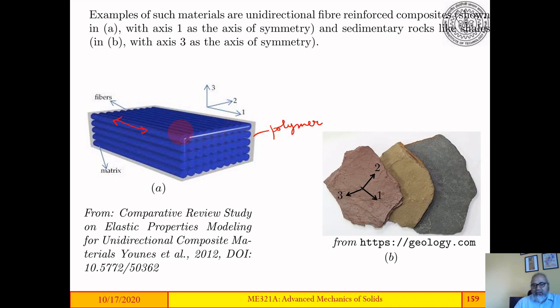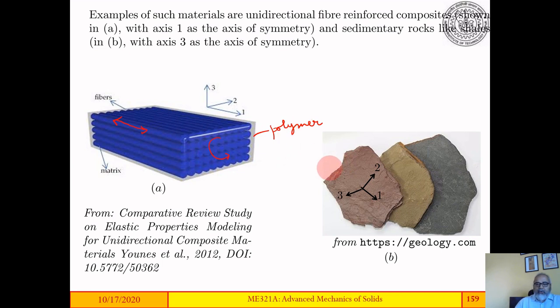So these are strong fibers embedded in a relatively softer polymer matrix. So these fibers are very strong. So this material is very strong in this direction. However, in this plane, if you rotate the axis, the properties are more or less the same, and therefore this is a man-made example of a transversely isotropic material.